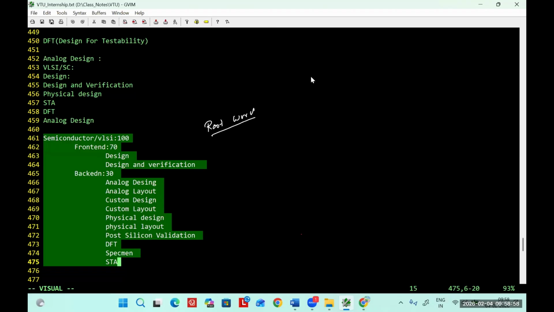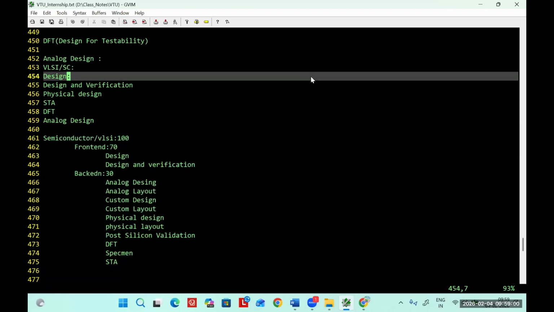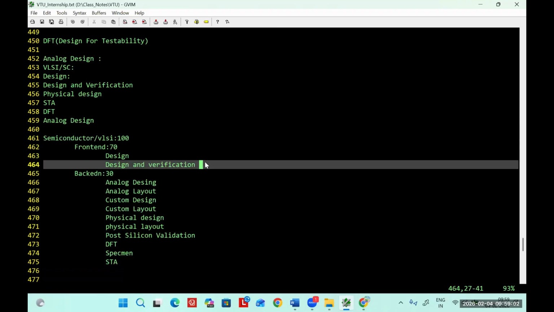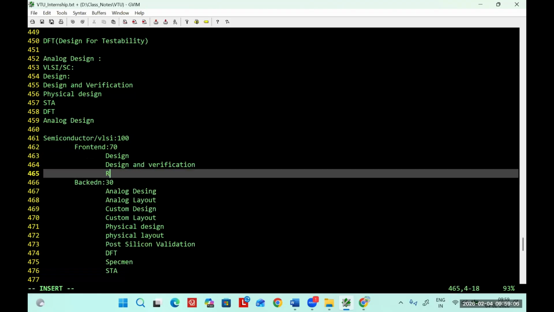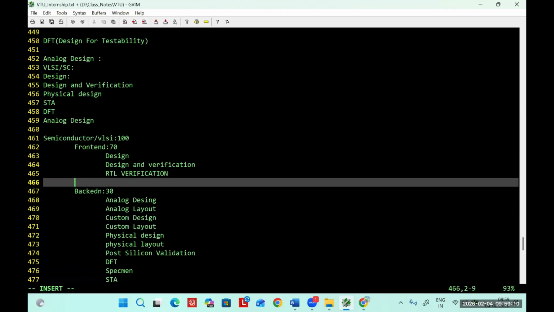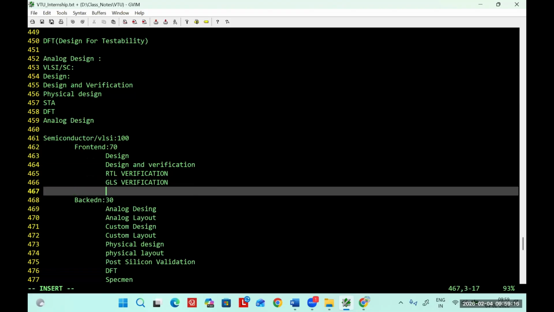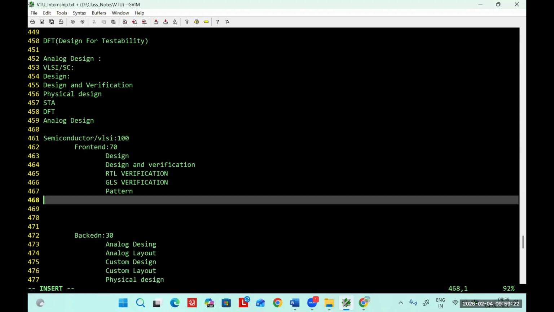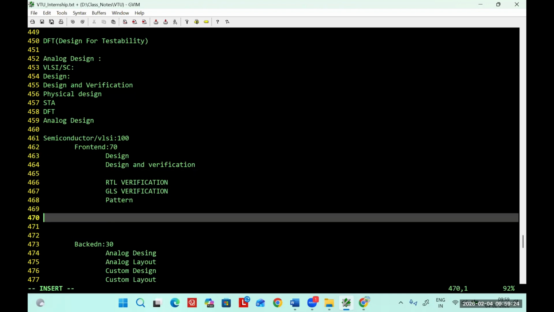Sir, which has more openings in verification? See, when I start verification, here we have RTL verification, GLH verification, RTL, GLH pattern. They have one way of dividing.